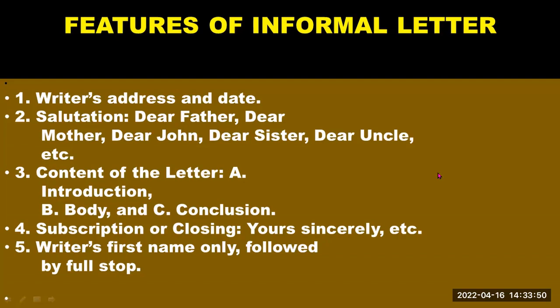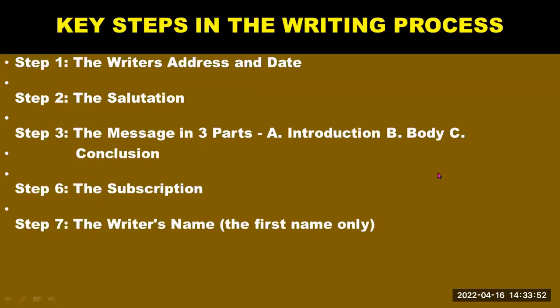Now let's go to the next item, and that is the key steps in the writing process. Now, these steps naturally pass through the features, because when you are building a house, you build the house according to the structure.